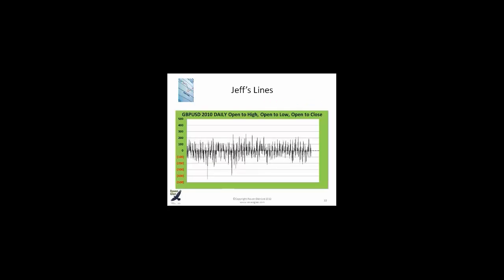This slide shows some of the observations that I undertook during 2010, and it shows the daily movements from the opening price of 10 p.m. on the previous evening, and you can see how many fall within 100 or 200 points on here.